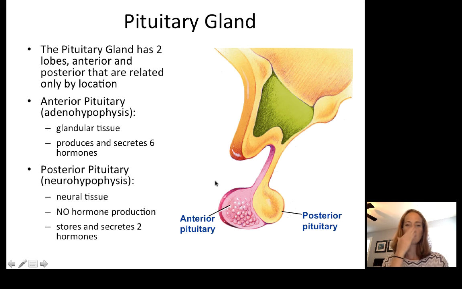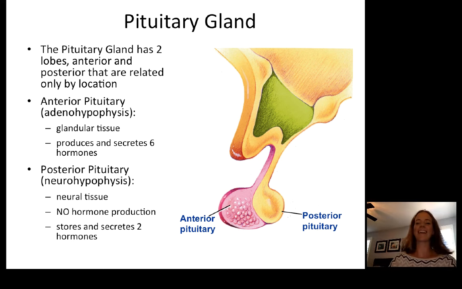The nose would be in this direction, so the nose of the person, so the front or the anterior portion. So your patient is facing this way, I think. So for this, we have a front and a back to the pituitary. We have the anterior pituitary and the posterior pituitary. And they really are two very separate and distinct endocrine organs.